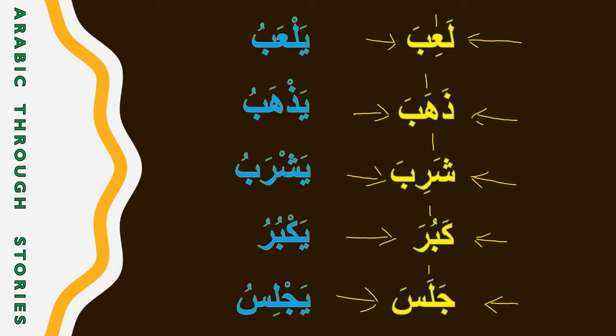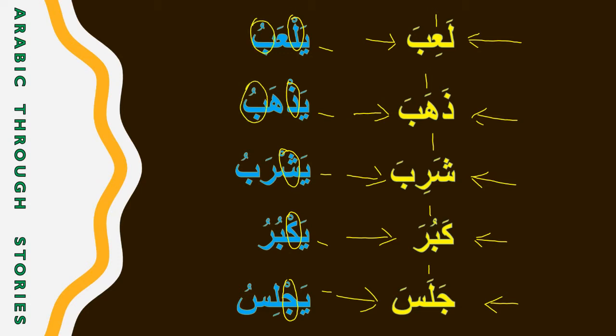Okay, tayyib. Now notice the Mudari'a. Mudari'a also is the same thing. Notice that the ya has fatha on all of these. Okay, and the first root letter, fa, has sukoon. See, sukoon and sukoon. Yeah, and notice what is there on the last root letter.